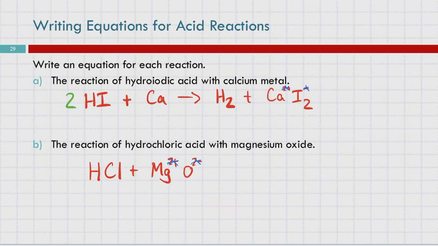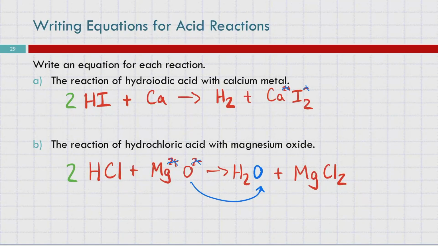That oxide goes with the H2, so we have H2, and the oxygen goes there too. H2O, that's water. And we also have our salt featuring the metal from the metal oxide. And again, we need a coefficient of 2 in front of our HCl to balance it.